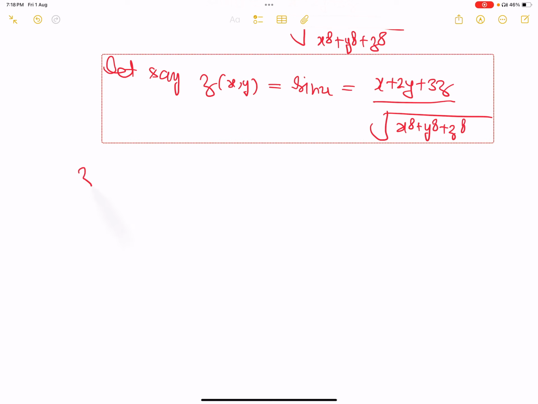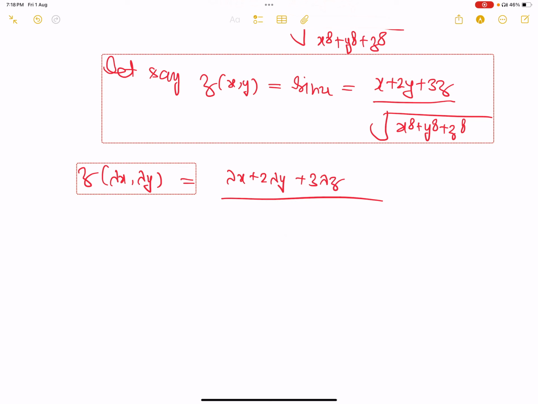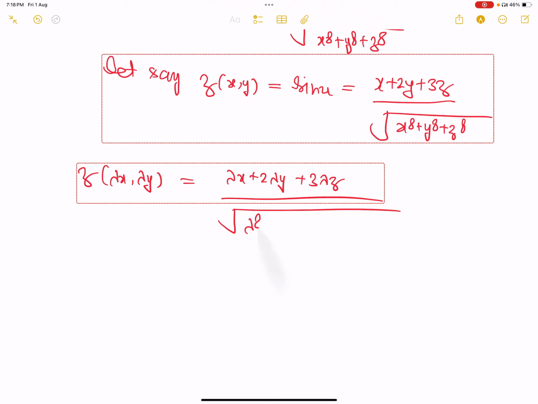Now z of lambda x, lambda y, lambda z is (lambda x plus 2 lambda y plus 3 lambda z) upon, so lambda to the power 8 comes out, under square root of (x to the power 8 plus y to the power 8 plus z to the power 8).